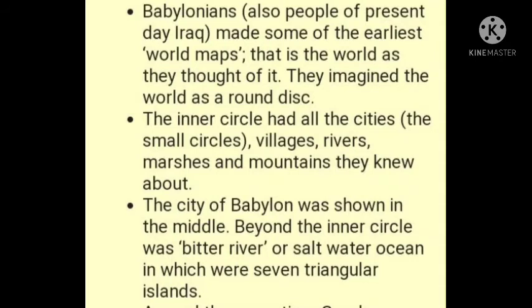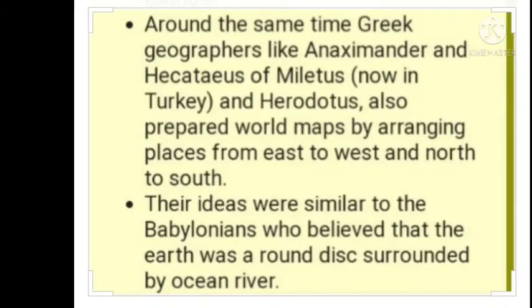The inner circle had all the cities, villages, rivers, marshes, and mountains they knew about. The city of Babylon was shown in the middle. Beyond the inner circle was the Bitter River or saltwater ocean, in which were 7 triangular islands.